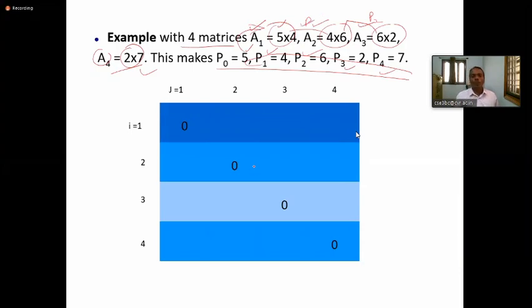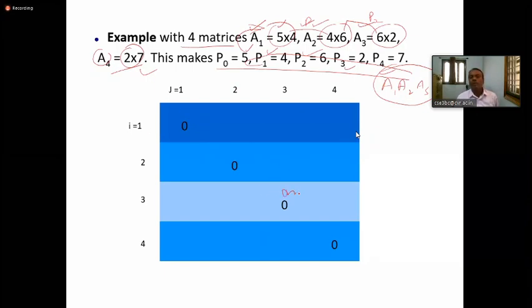Now what is the question? The question is you have to multiply A1, A2, A3, A4 matrices. What is the best method they are asking? What is the formula? The formula is very simple.